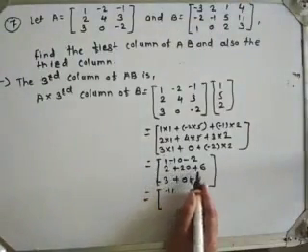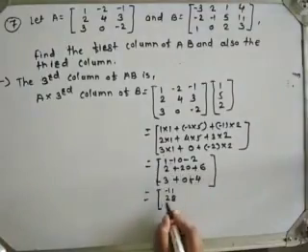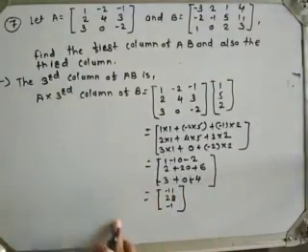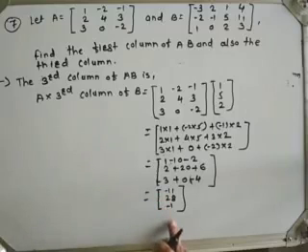Then 2 plus 20 plus 6 is 28, and this is -1. Therefore, the third column of AB is [-11, 28, -1]. Thank you.